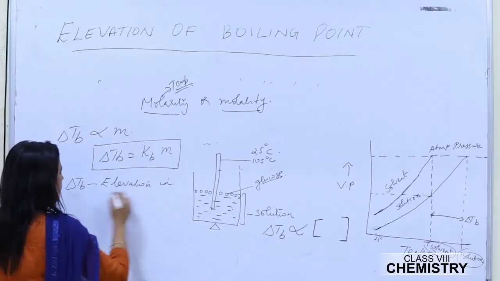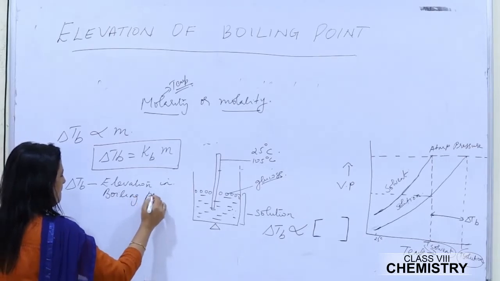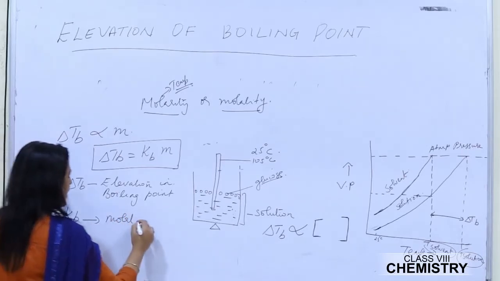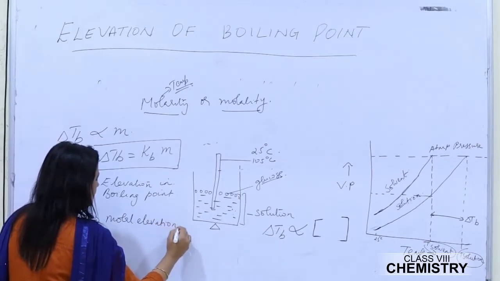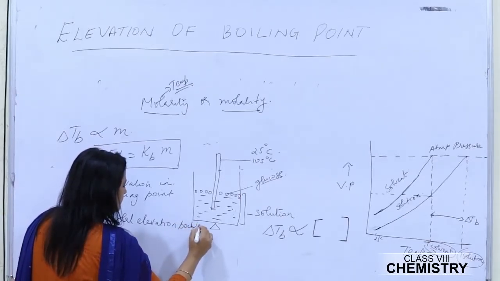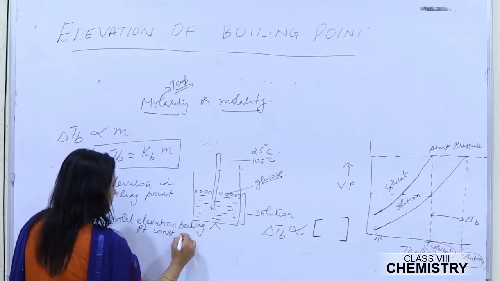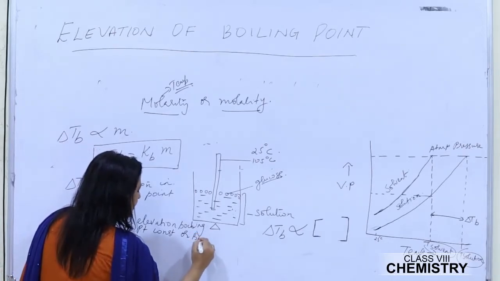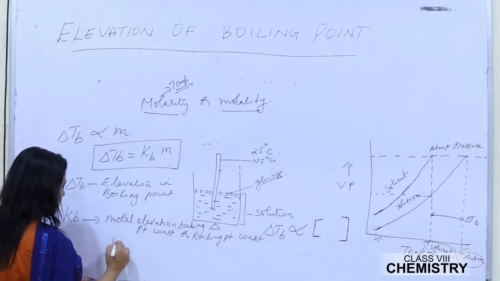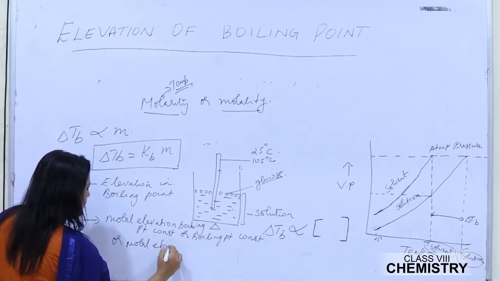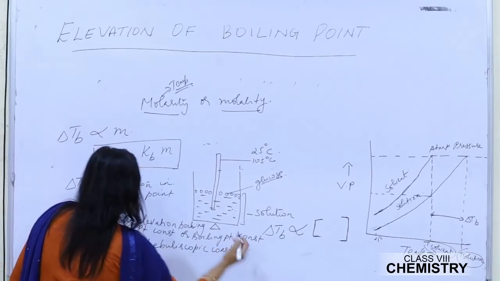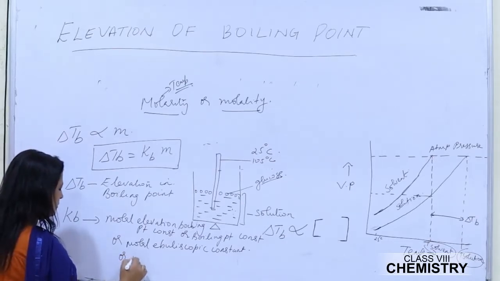elevation in boiling point, then Kb is known as molar elevation boiling point constant, or just boiling point constant, or it is also known as molar ebullioscopic constant, or just you can call it as molar elevation constant also.